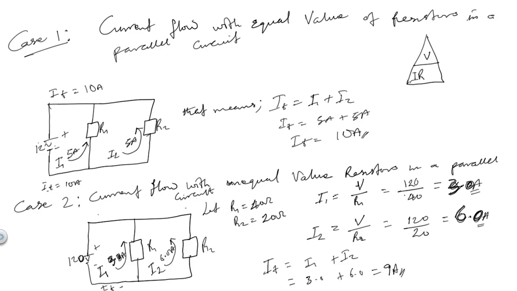So the total current flowing in is 9 amperes. How do we calculate the total resistance? The total resistance is what we are now looking for. So let's now proceed.